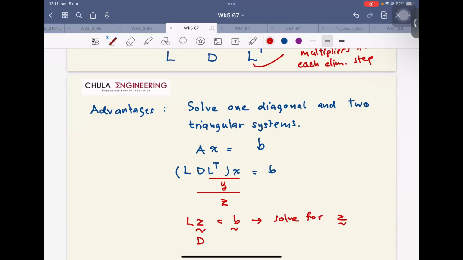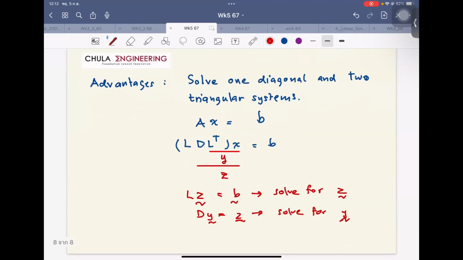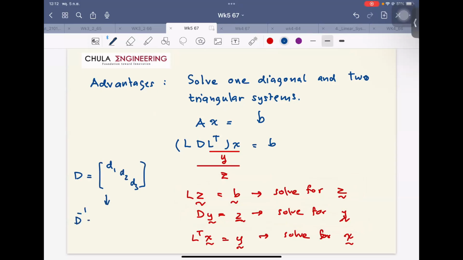And then you have DY equal to Z, so solve for Y, and L transpose X equal to Y. L transpose is the upper triangular matrix; we solve for X, which is our objective. And here we apply the forward sum. Now solving the diagonal system is very simple. If you have matrix D, let's say D1, D2, D3, the inverse of D is very simple.